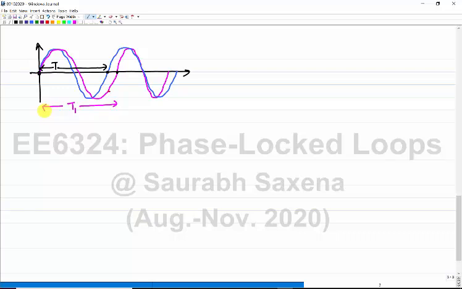Looking at the phase, phi ideal of t is nothing but 2 pi by time period t times dt, integrating from 0 to t, so this is 2 pi.